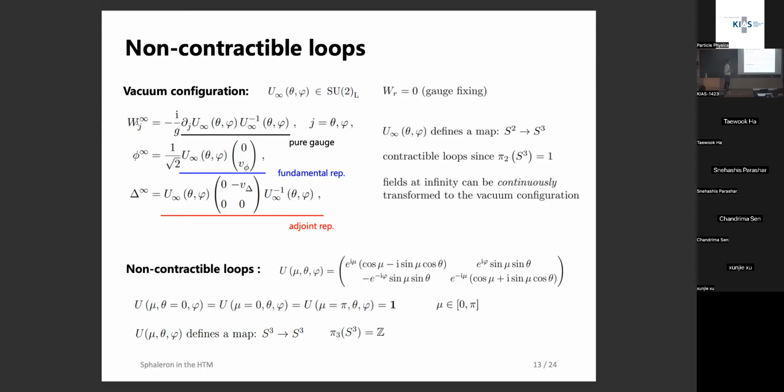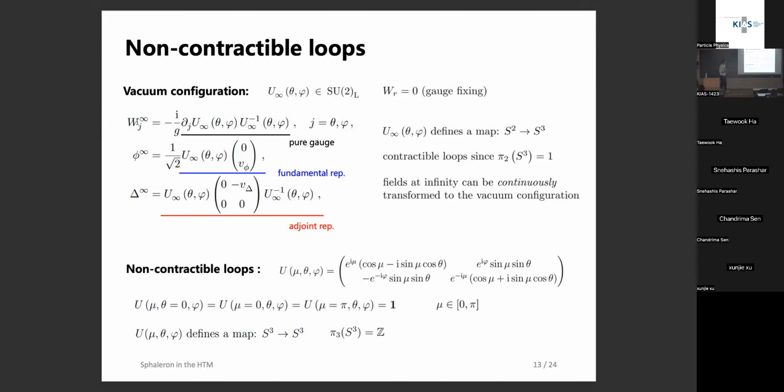And this map corresponds to the contractible loops. This is because the homotopy group pi2 of S3 is trivial, it's the identity. In physics, this corresponds to the fact that the fields at infinity can be continuously transformed to the vacuum configuration.